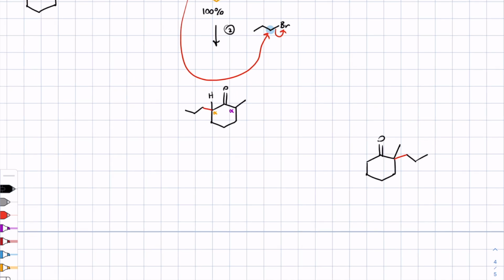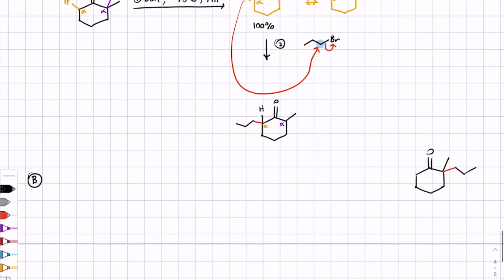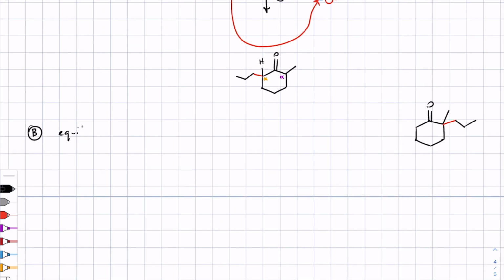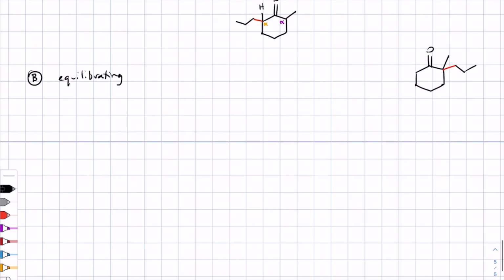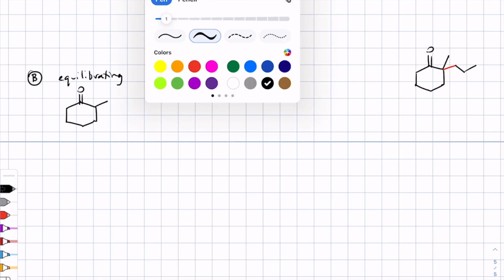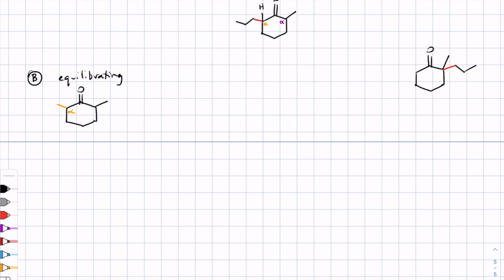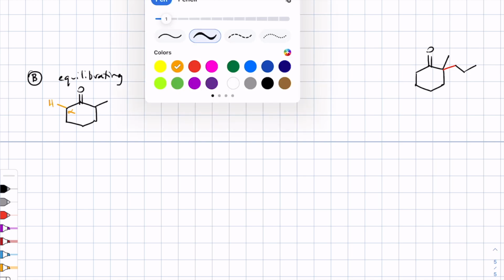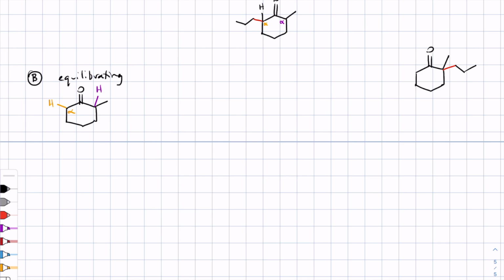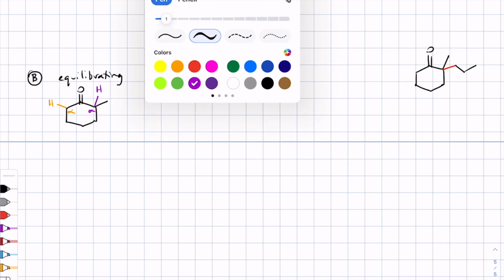We use equilibrating conditions. So let's use equilibrating enolate conditions. That means we start with the same starting material. Again, we note the presence of the less substituted alpha proton and the more substituted alpha proton.